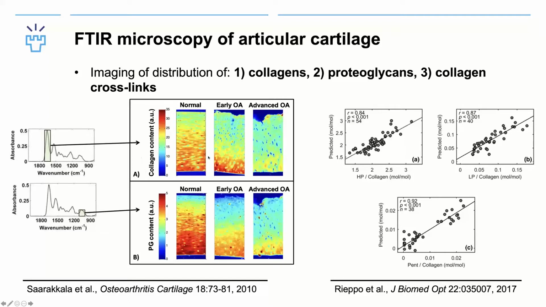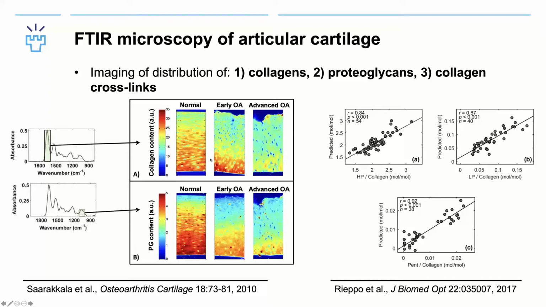So one common way when we image the articular cartilage is to analyze the collagen and proteoglycan content, the two primary components making up the articular cartilage tissue. And when you take certain areas of the infrared spectrum, you will be able to analyze the content of this certain component.